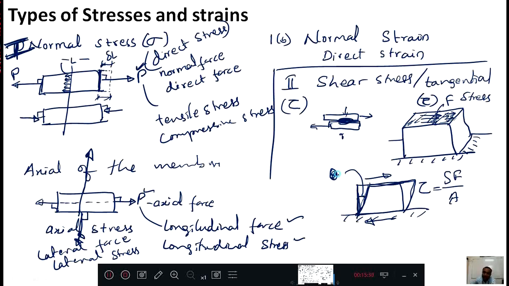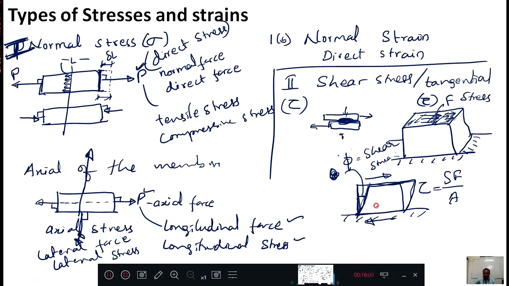We can denote this change in angle by the letter phi. This is called shear strain. Here the length is not changed. The dimensions are not changed, but the body is distorted, somewhat deviated. That deviation angle is called shear strain.